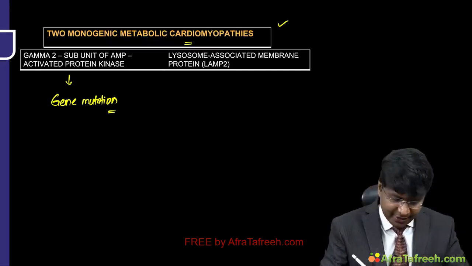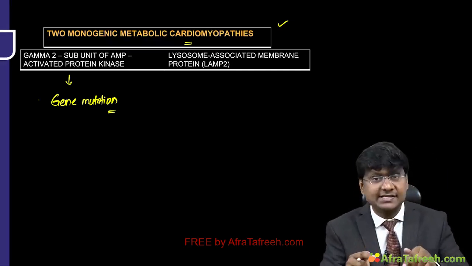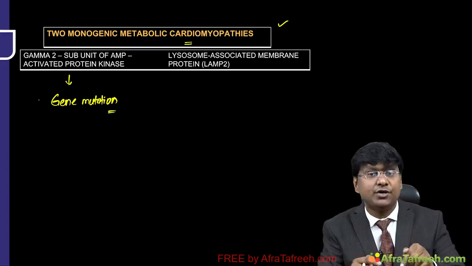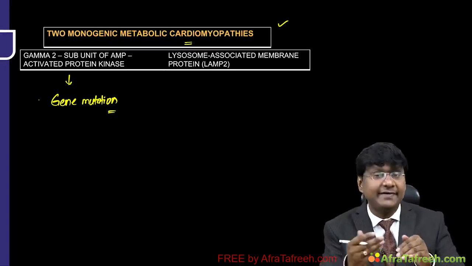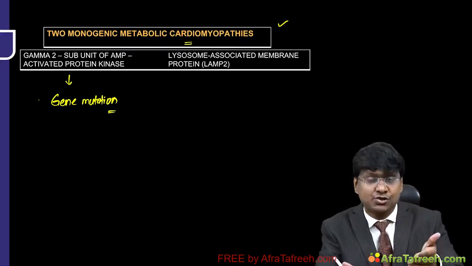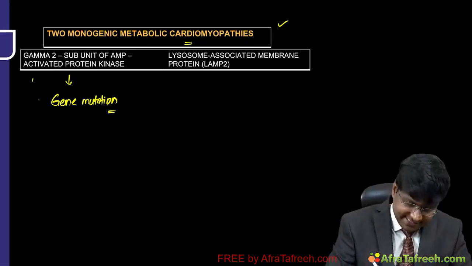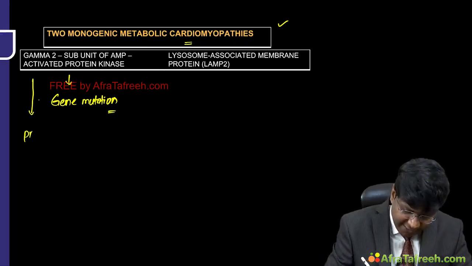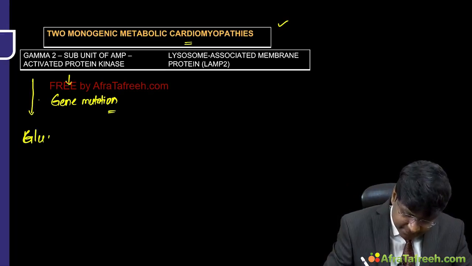Not only dilated cardiomyopathy, so what exactly is this? This gamma 2 subunit of adenosine monophosphate activated protein kinase, what is it required for? This is required for glucose metabolism.